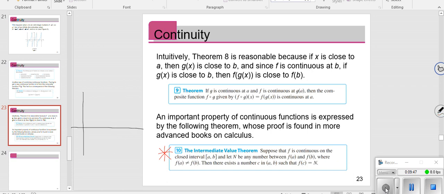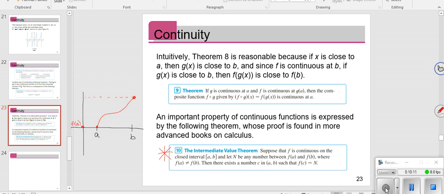If I have a graph and say this is my a and this is my b, and I have, I don't know, this f function, say it starts here and it goes up here. So this down here is my f of a, right? The value of the function at point a.